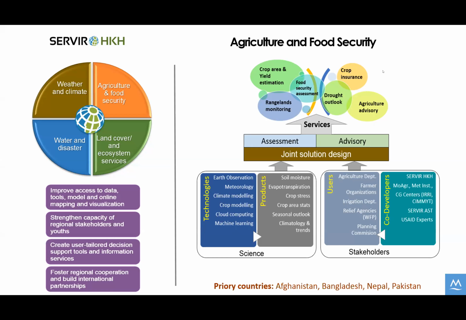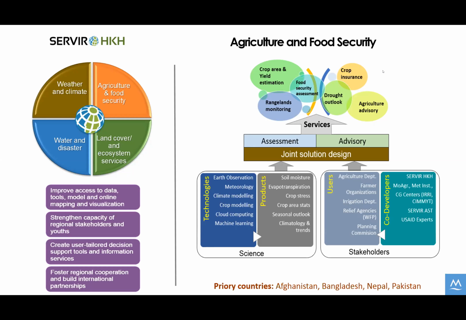So if we talk about use of Earth observation in the SERVIR program, particularly for agriculture and food security, we have a framework where we have science available in the form of technologies as well as products. We are using Earth observation technology, meteorological science, crop modeling, and some of the Earth observation data products observed through satellite remote sensing, such as soil moisture, ET, crop stress, and so on.